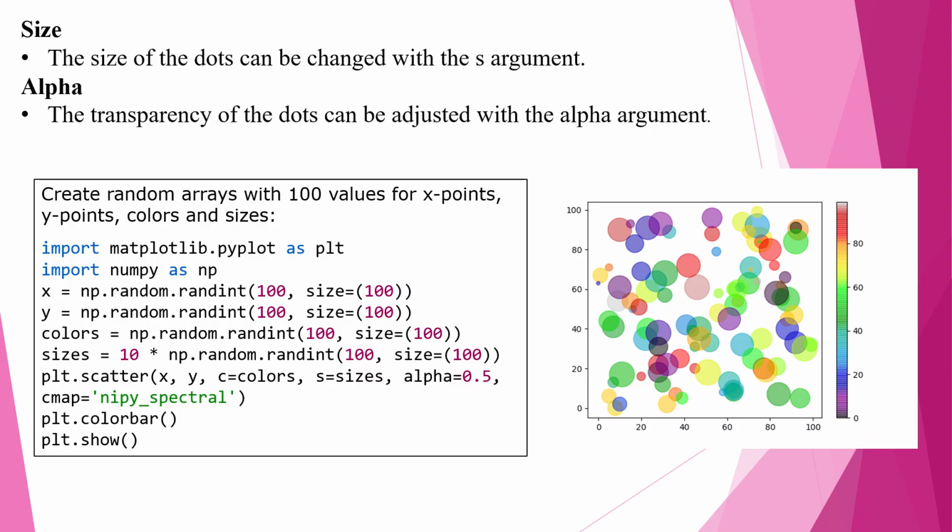The cmap parameter is set to nipy_spectral, which applies a colorful gradient to represent the values. The color bar is added using plt.colorbar to show the mapping between values and colors. Finally, plt.show displays the scatter plot, resulting in a visually rich representation of random data.